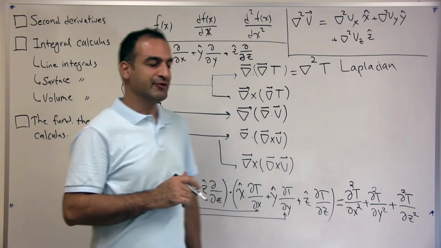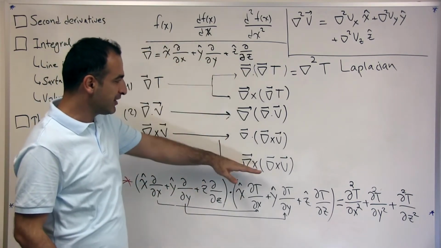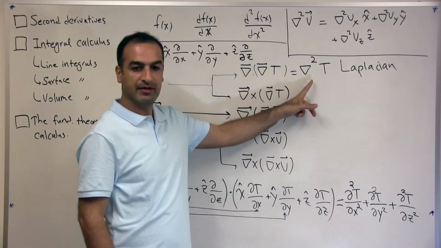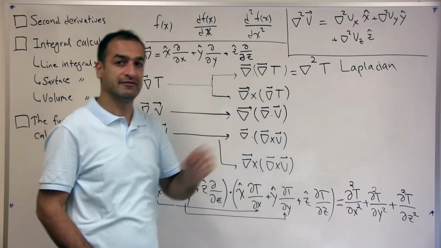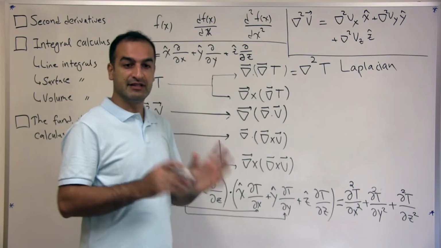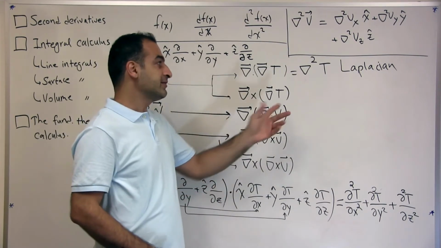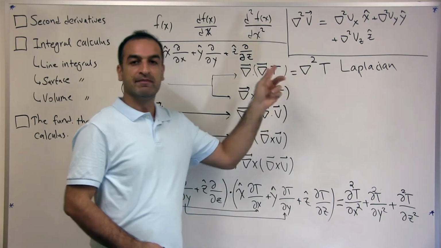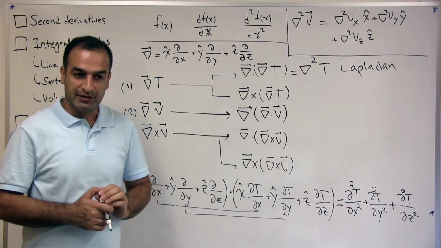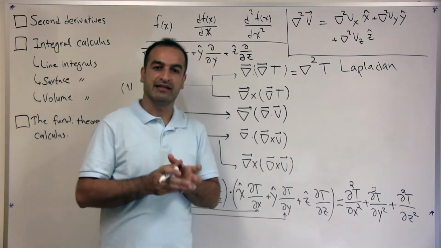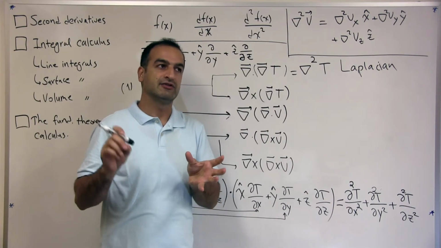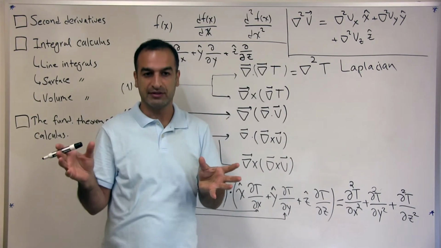Okay, so I can already tell you, among all these five options for the second derivative, the Laplacian is the most famous and most popular one that we see a lot in physics applications. And we see it in this course as well. One of the places that we use this is the electrostatic potential. We look at the Laplacian of the electrostatic potential, and that is directly related to the charge distribution that we have.